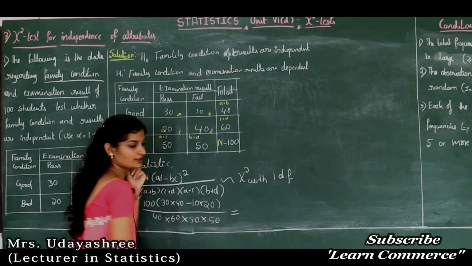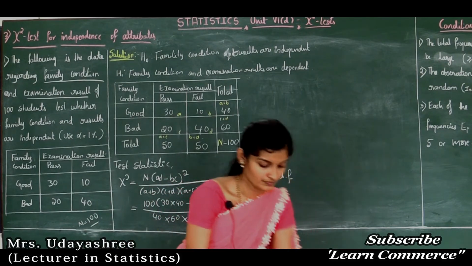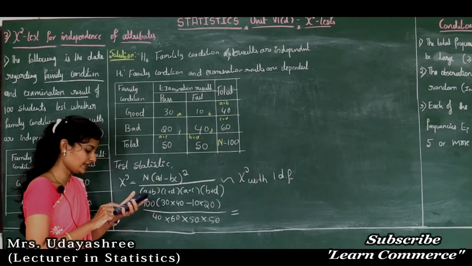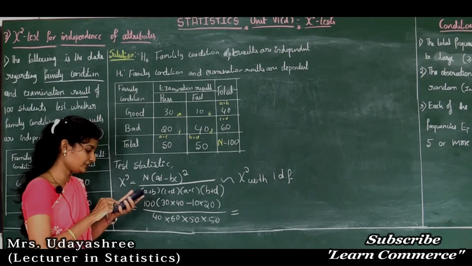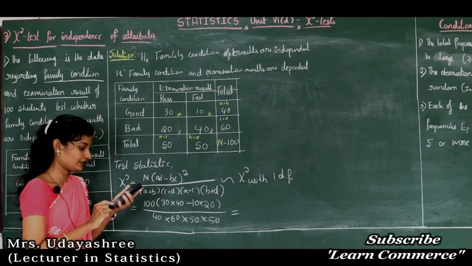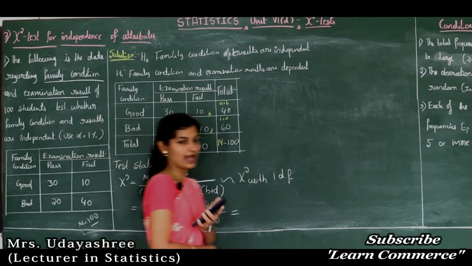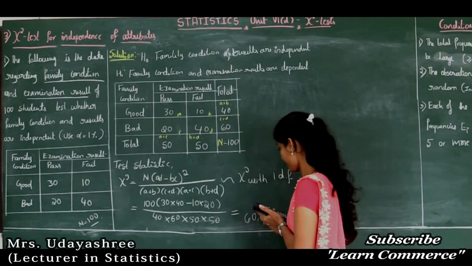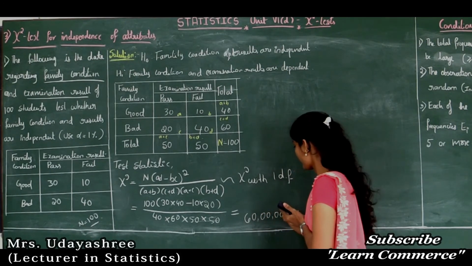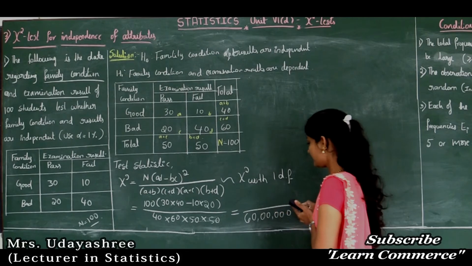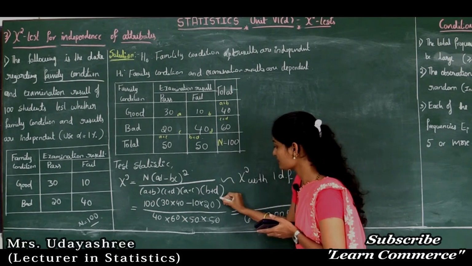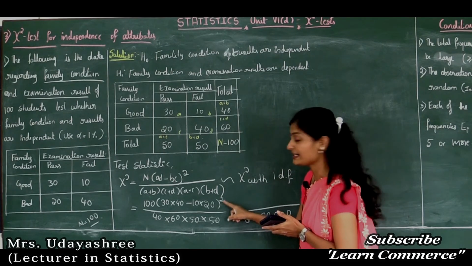This is equal to, first I will solve the denominator: 40 into 60 into 50 into 50, that is 60 lakh, 6,000,000. The square has to be written on the numerator.